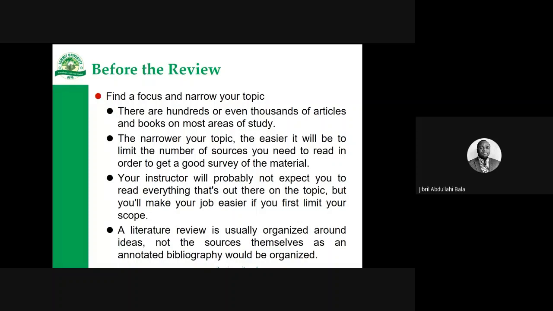Your supervisor doesn't expect you to read everything, so it will make it much easier if you narrow down your topic. If you just say you want to develop an automatic fruit picker, what kind of fruit are you considering? What kind of farm? Are you considering trees, or just shrubs and your regular crops? You have to be very specific to make your work easier.